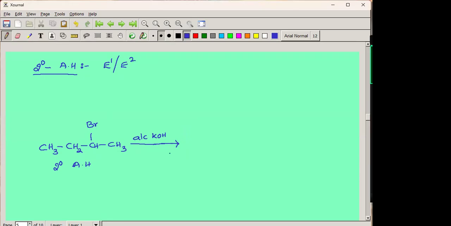See here, alcoholic KOH is there. Then what happened? I assume it proceeds through the SN1-type mechanism, that is the E1 elimination process. By that, a carbocation is formed. This is a secondary carbocation.